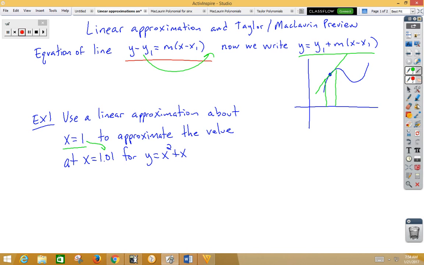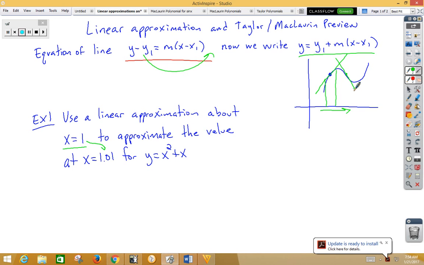But as we get further and further away from that point, let's say over here, our tangent line is not so good. So the idea is we can use a tangent line, but only for a short period of time. So let's go ahead and review that.